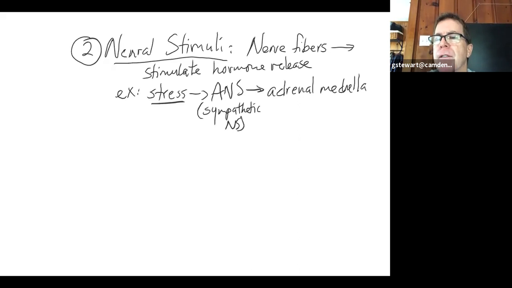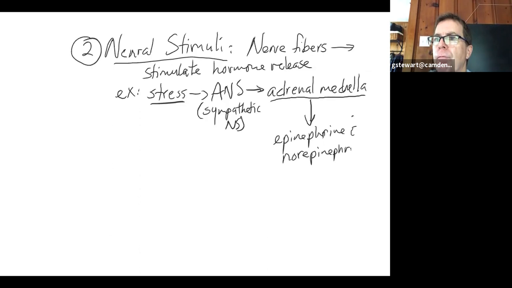So stress causes the sympathetic nervous system to stimulate the adrenal medulla to release the hormones epinephrine and norepinephrine. Remember, norepi can be a neurotransmitter or a hormone.